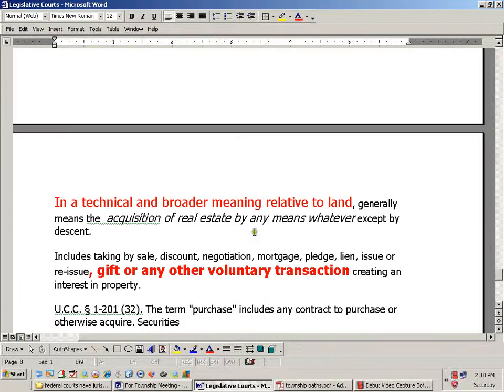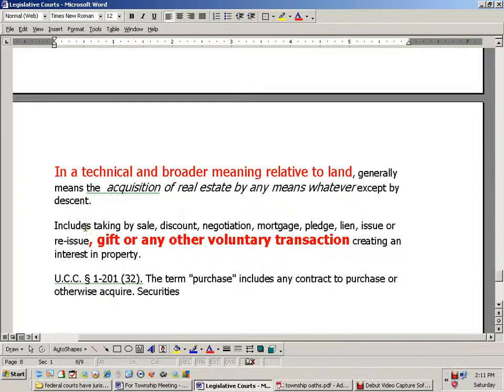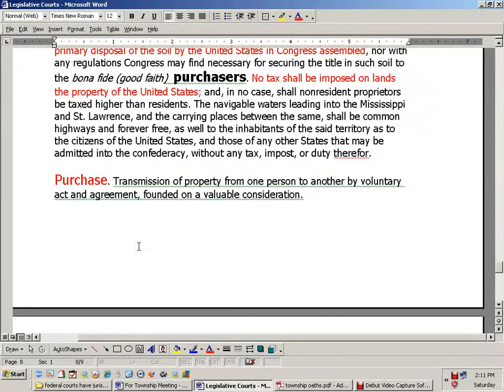What does it mean to purchase? Well, I like this one. In a technical and broader meaning relative to land, it generally means acquisition of real estate by any means whatever except by descent. Includes taking by sale, discount, negotiation, mortgage, pledge, lien, issue of reissue, gift or other voluntary transaction. Makes you a purchaser.